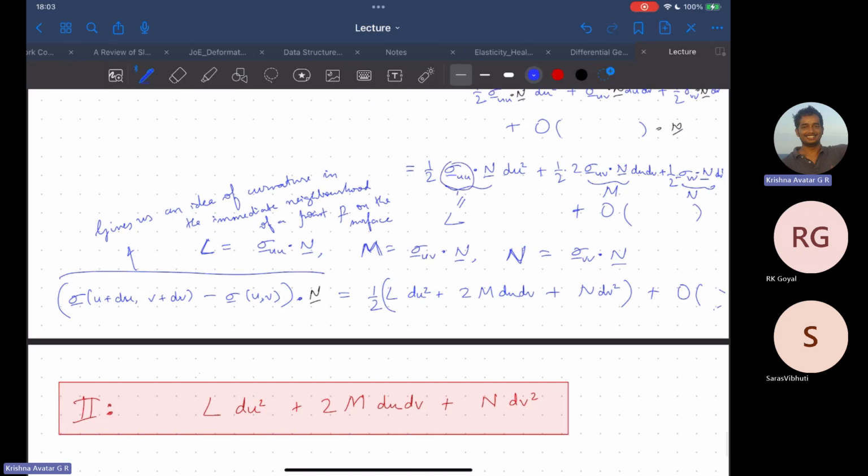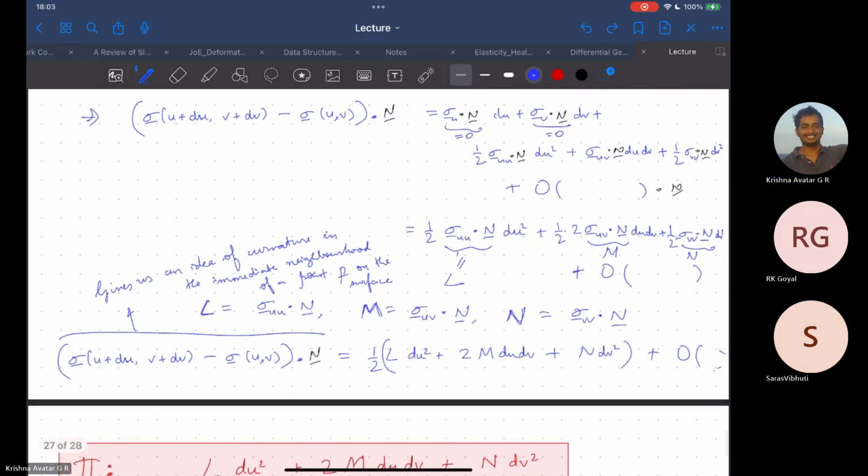So sigma u was the tangent. Let me take a portion of the surface. This was sigma u, and again at this point this will be the sigma u at u plus du.